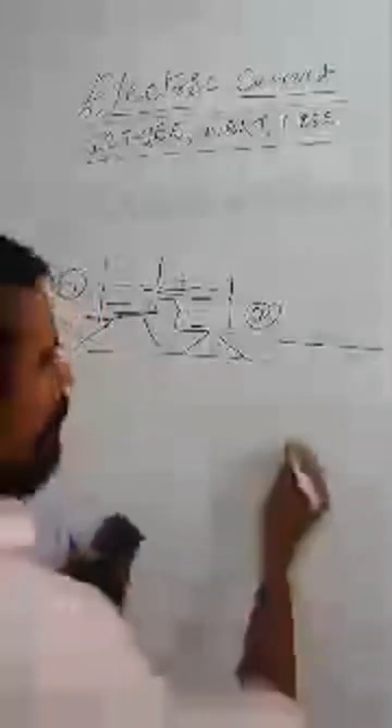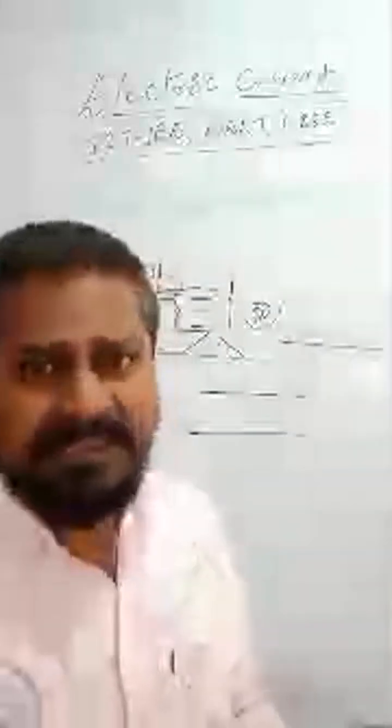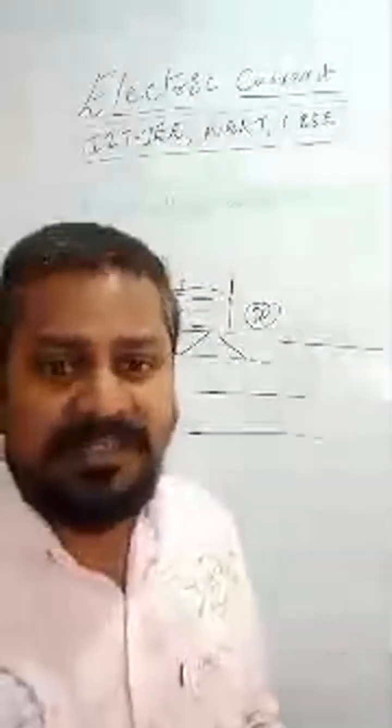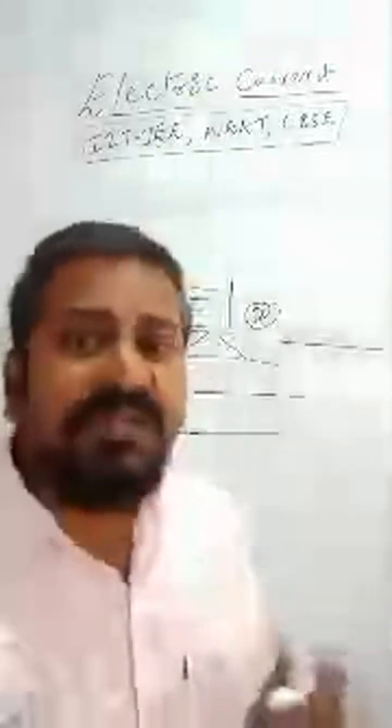But if you take a straight conductor, a copper wire, like this, will the electrons flow within the conductor? No. Why? Because there is no pressure difference, no electrical pressure difference. That is the reason electrons will not move within the conductor.